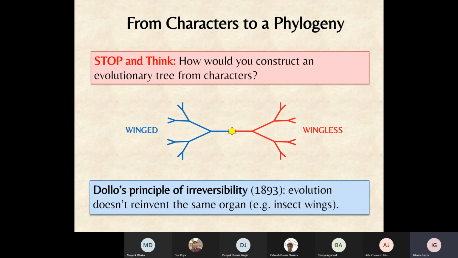Once it has invented an organ such as insect wings, it's not going to reinvent it again and again, right? So basically, the assumption is that whenever you make a tree of insects, the winged insects and wingless insects are always going to be separate. You are never going to find winged and wingless insects coming together in the phylogenetic tree.